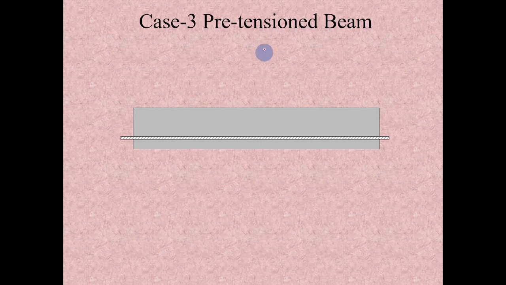Consider another case, a pretensioned beam. There is a tendon. This tendon can be pulled with the help of a jack. After that, the concrete will be poured and they leave the concrete to gain certain strength before releasing the jack. So when the tendon is pulled by this jack, the tensile force developed in this tendon will be uniform throughout its length.